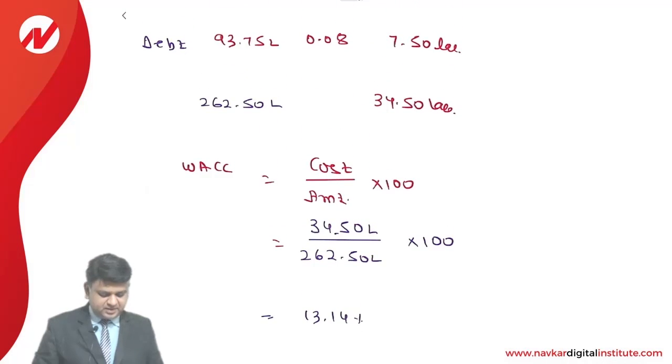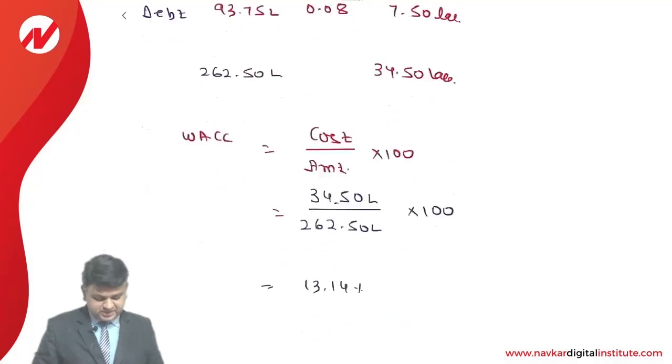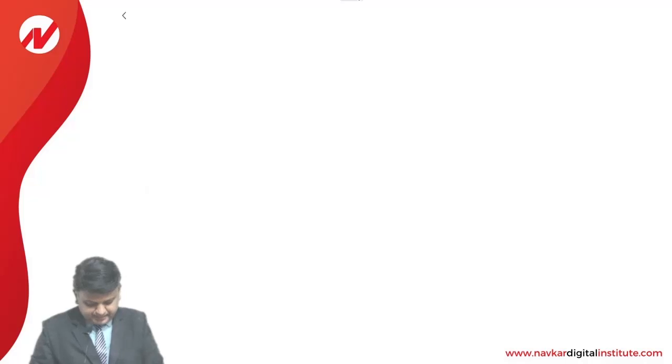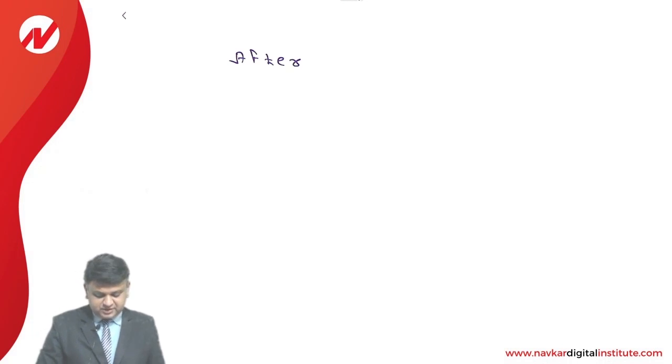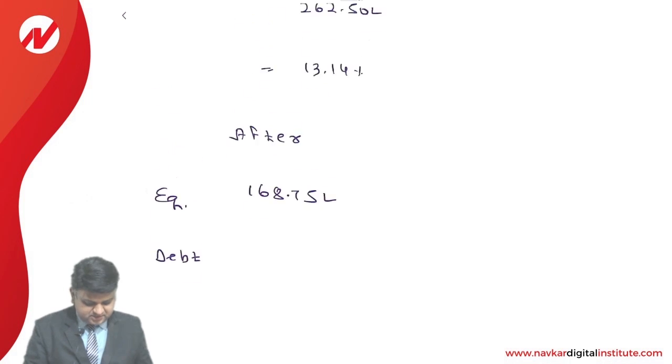This is the way we can compute the weighted average cost of capital if we work out the answer in detail. Similarly, afterwards you are required to do the answer like this: equity and debt. As far as equity is concerned, it is once again 168.75 lakhs.